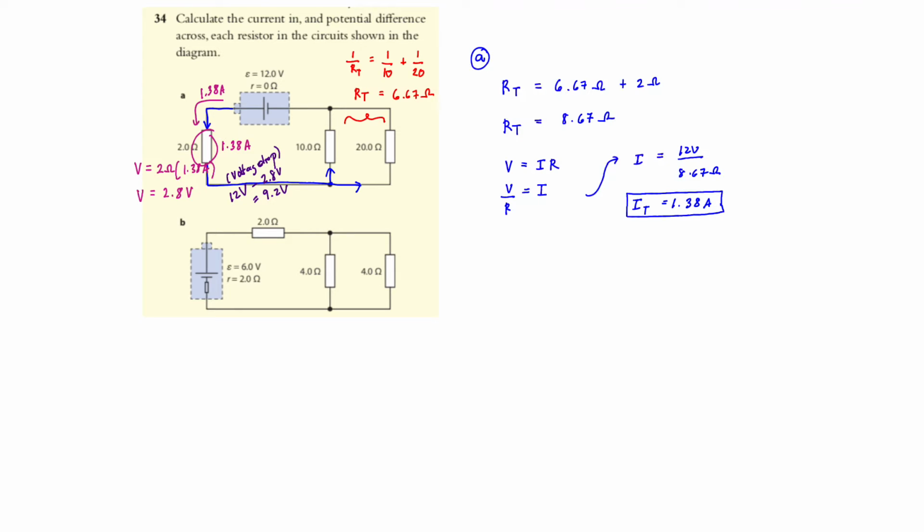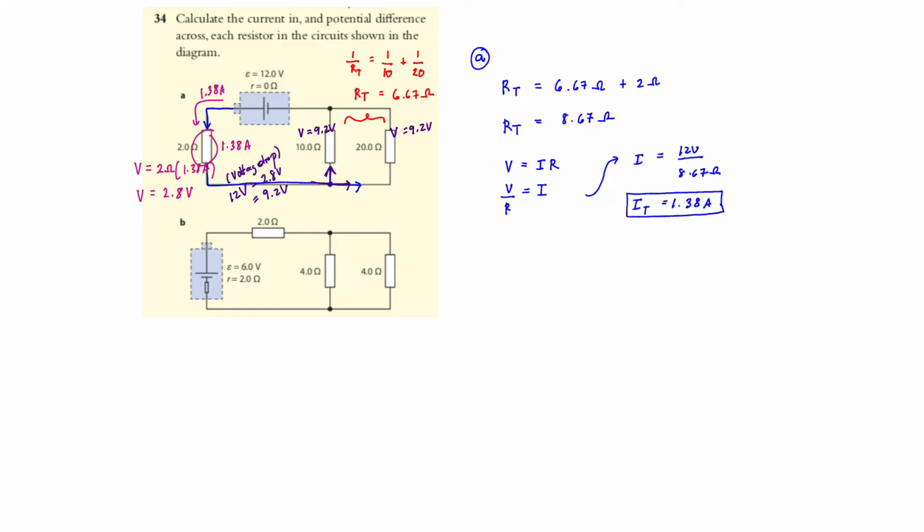And remember, since this is parallel, we divide the current, but we have the same voltage, so the voltage here is 9.2 volts, and here also we have 9.2 volts. What is now the current here?